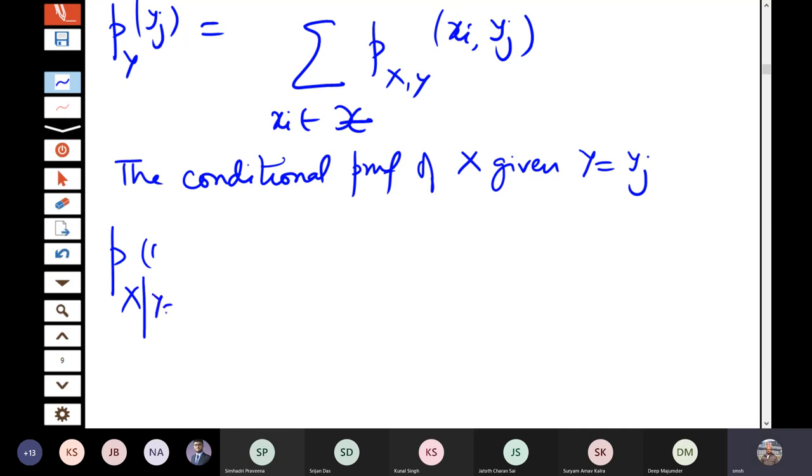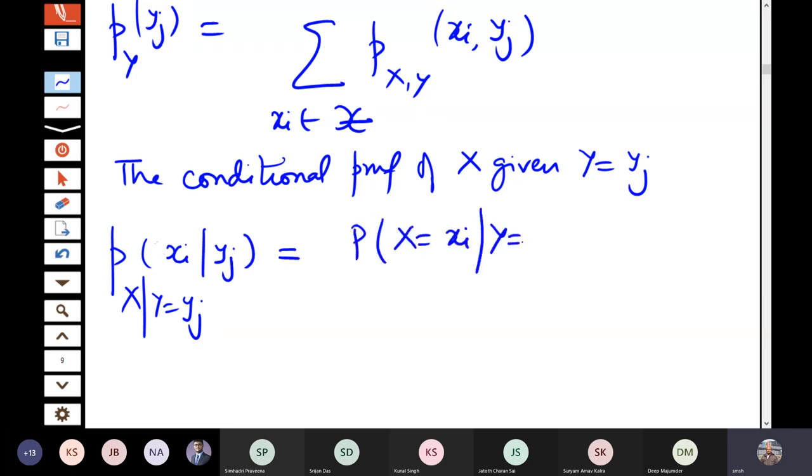We will use the notation like this: probability of x is equal to x_i given y is equal to y_j.